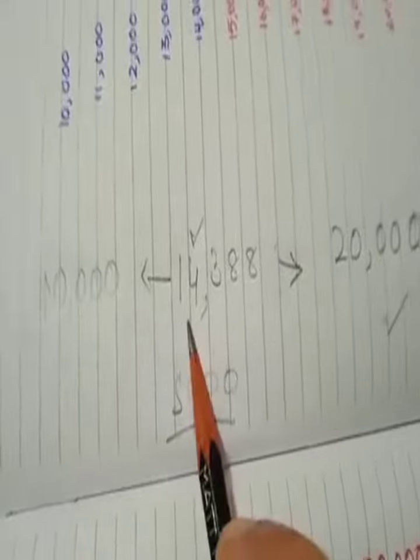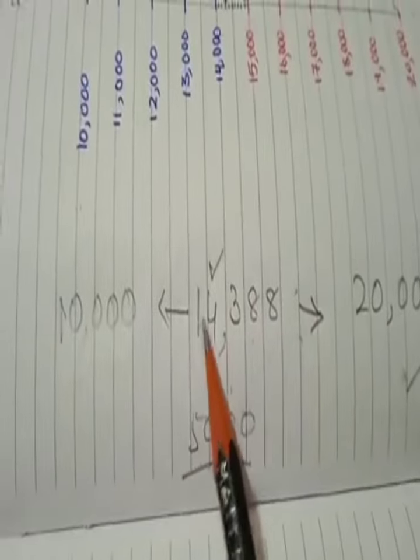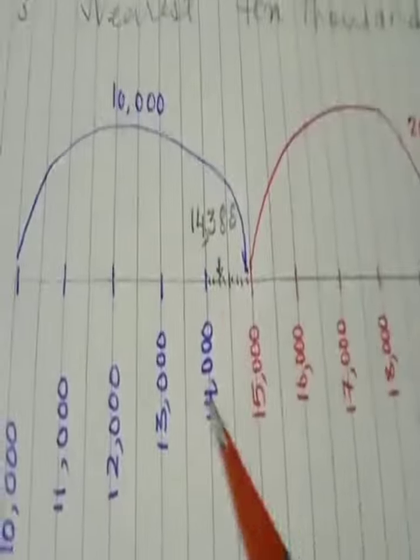Okay, and the thousands, hundreds, tens and ones will now disappear into zeros, and only the 10,000s matter. So the 10,000s place will only be visible, either 10,000 or 20,000. Now let us see what the number over here is. It is 14,385.